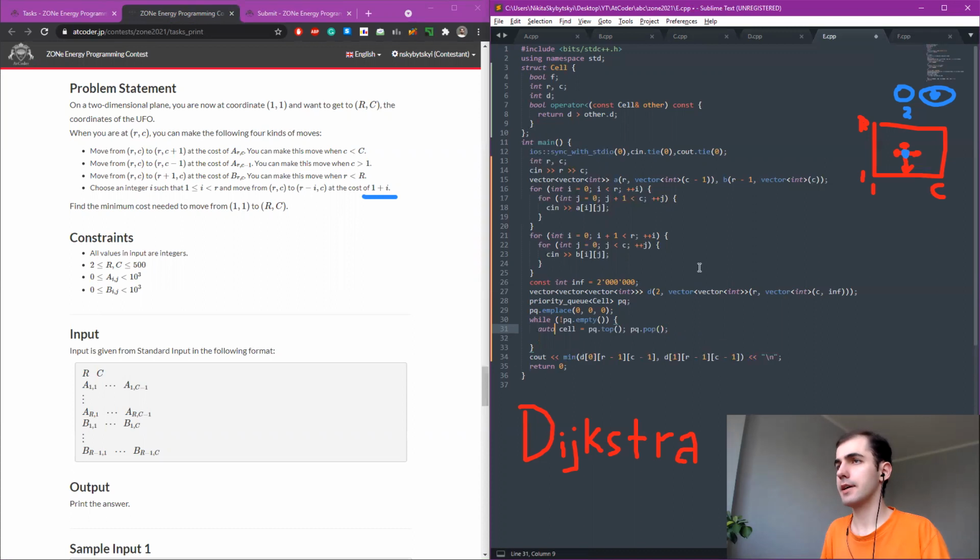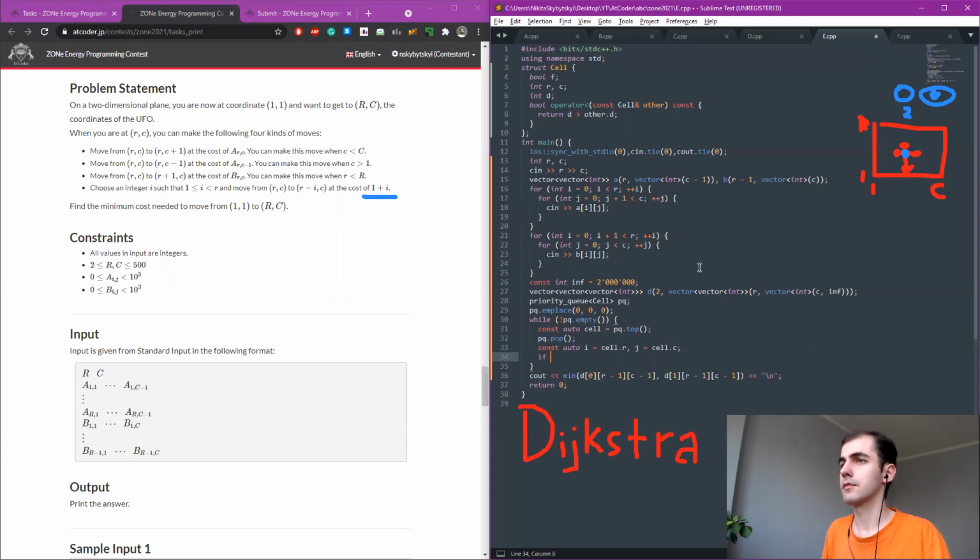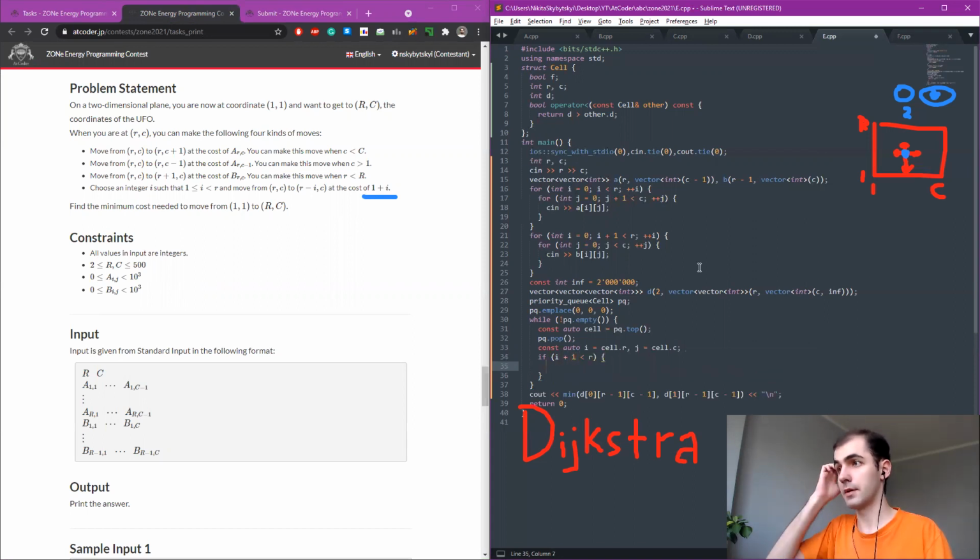So cell has a row and a column. Actually, okay. Just not to type it multiple times. If i plus 1 is smaller than the number of rows, then we can move to the right.